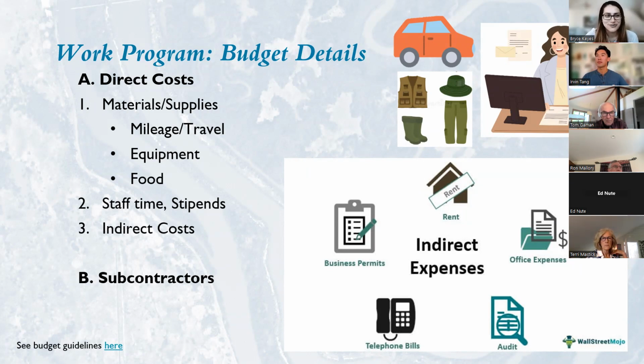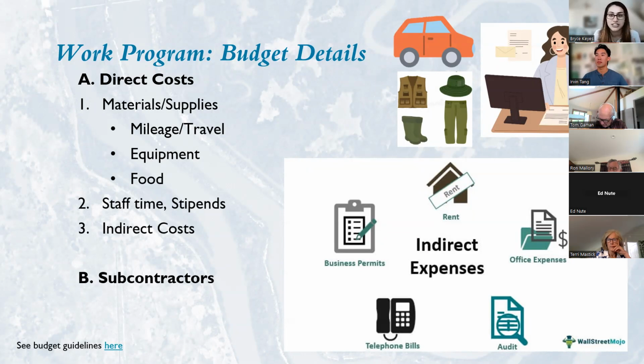Okay, so work program budget details. This is where you identify what kind of costs you will have for your project. It's broken down into direct costs and subcontractors. For direct costs, you'll identify what kind of materials you'll be purchasing as part of this grant. This can include personal protective equipment, such as sunscreen, sun hats.